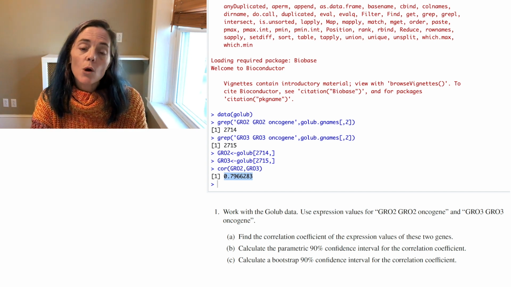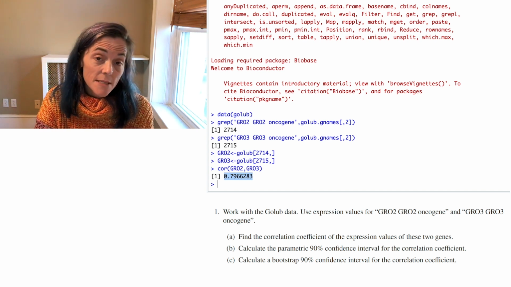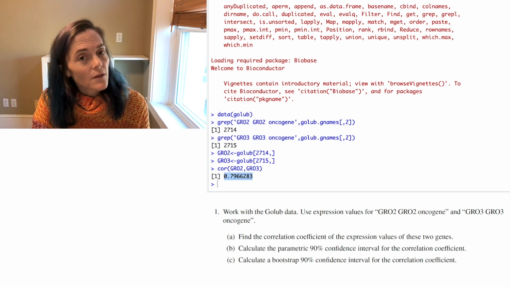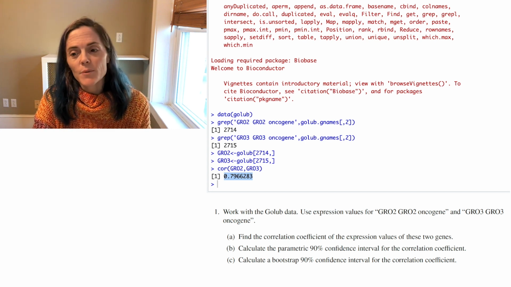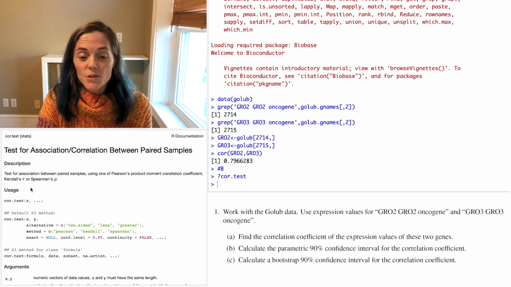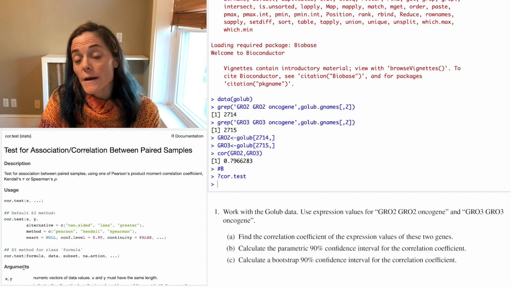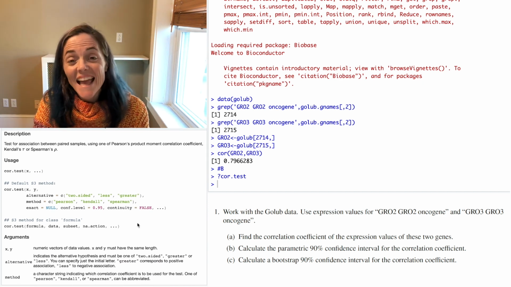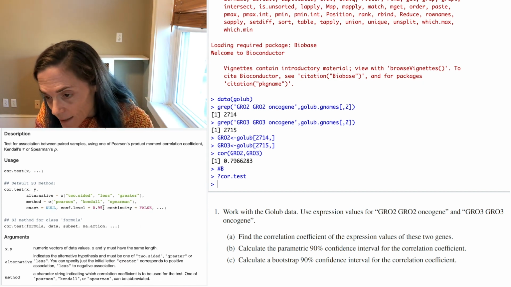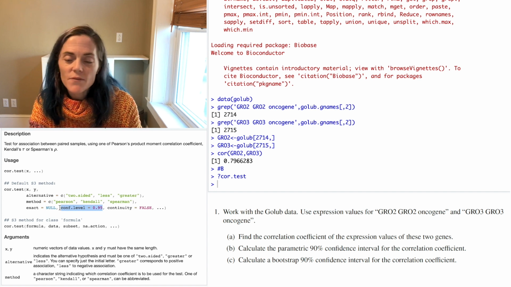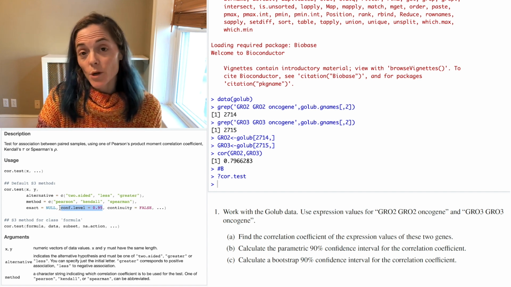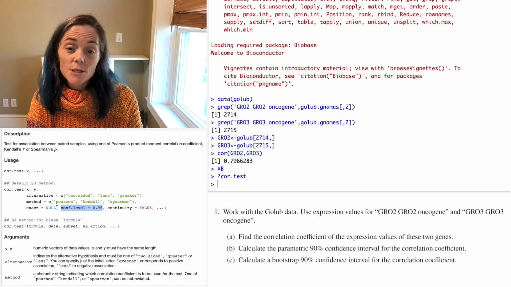Well, we know that cor.test will give us a confidence interval, but the default is 95%. So I have typed question mark cor.test, and you see we have this option where we can specify 0.90 to get the correct confidence interval. So let's do that.